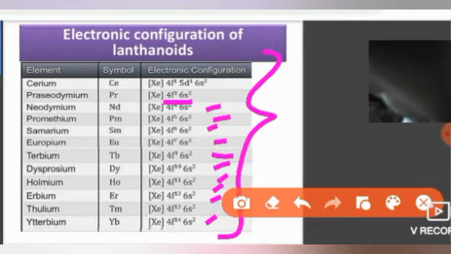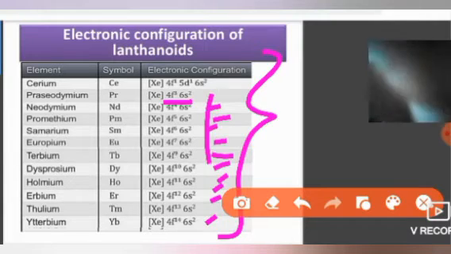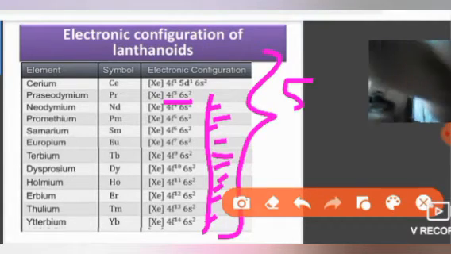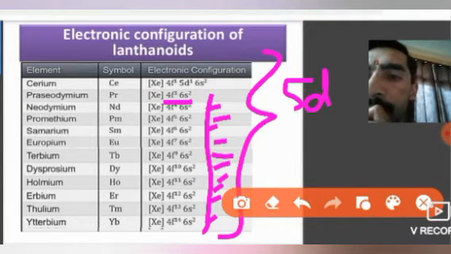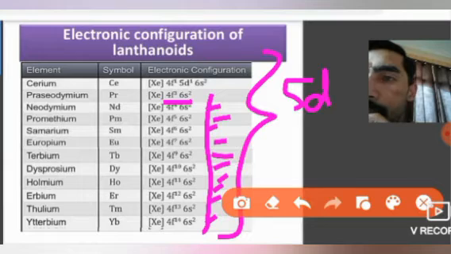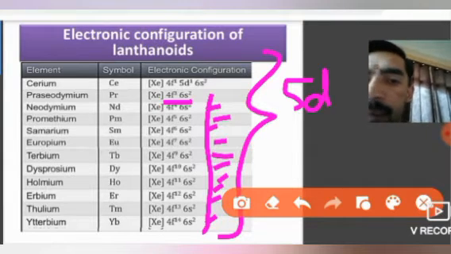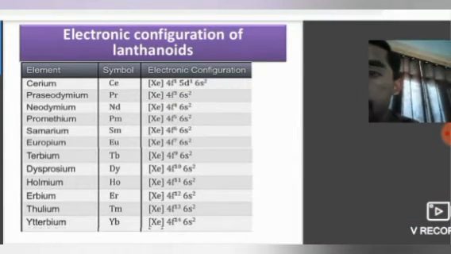Now in place of 2, what is there? That is 5d1. The rest 6s2 is there, so 5d is somewhere 2, so 54 plus, 57, 58, 59. So praseodymium is somewhere at 58.